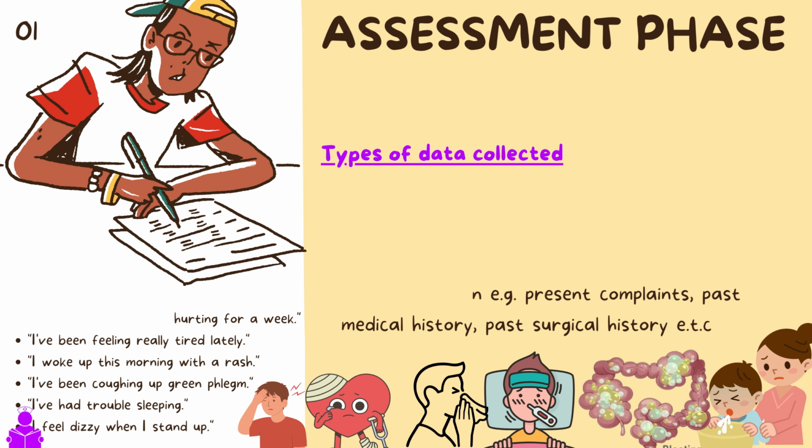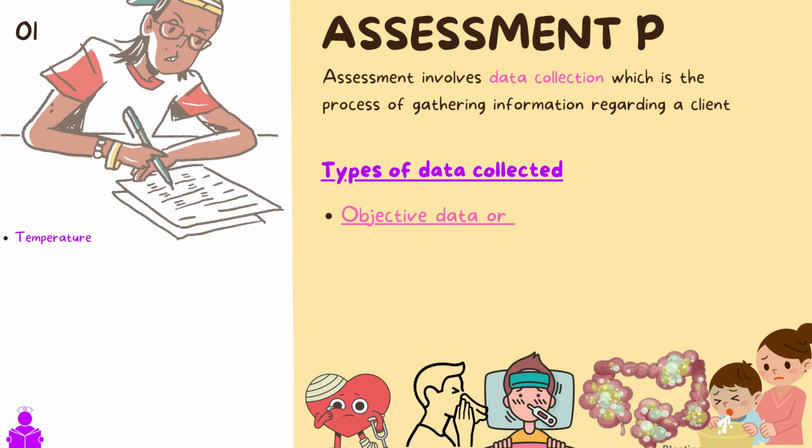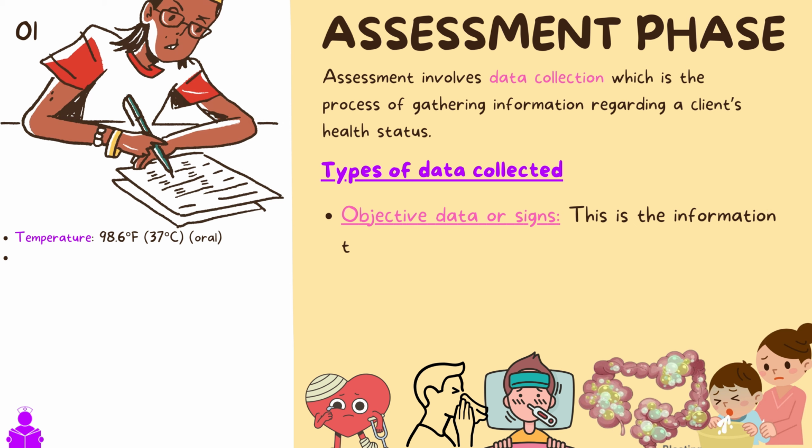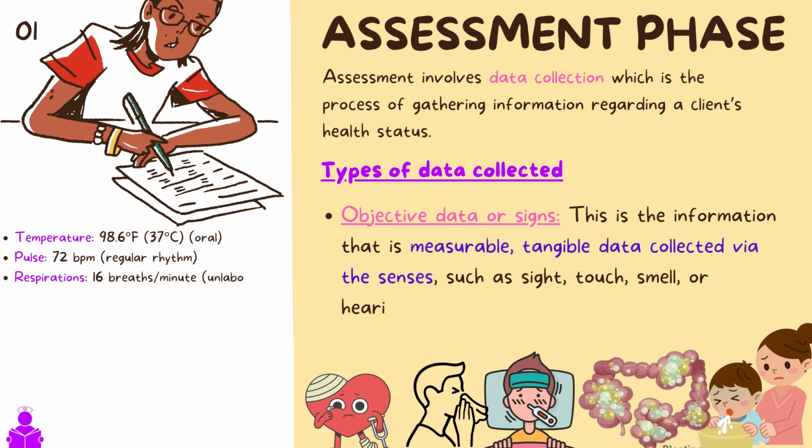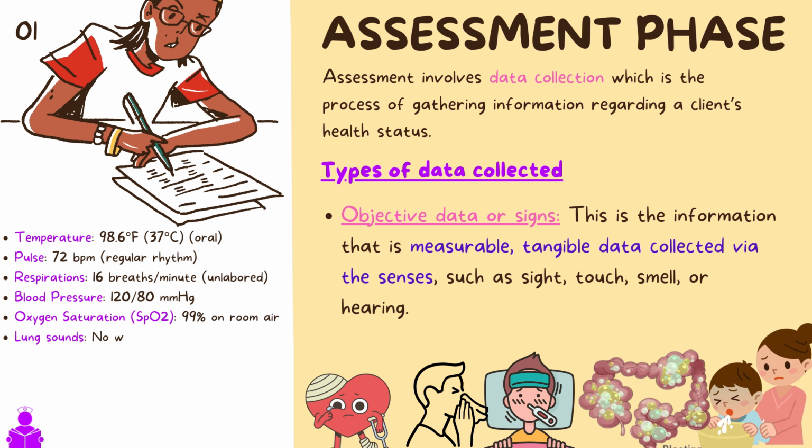Then there is objective data. This is what you observe, or these are the signs, measurable, tangible information that we are going to gather using our senses, or maybe using objects. I think maybe that is why they call it objective data, because we shall use objects, thermometer, stethoscope, to gain information. Senses can also help us when we hear, we listen, we touch.